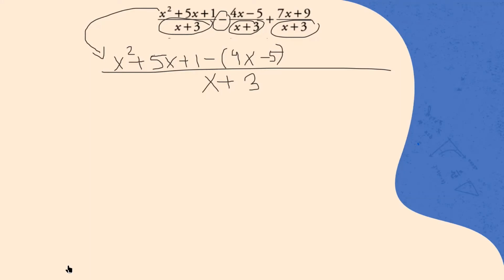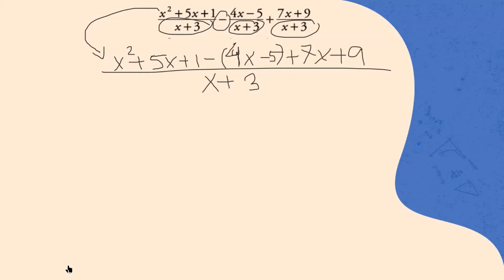Sometimes if you don't have the parentheses, you forget to distribute into every single term. That's why it's better to use parentheses. Then for the third numerator, I'm just going to bring it down like that.